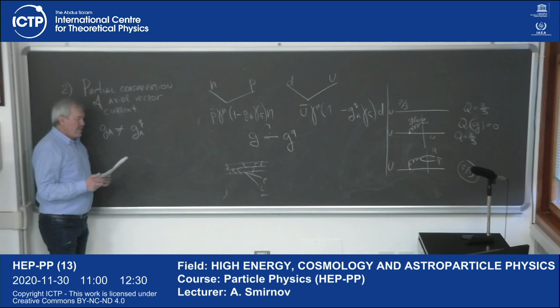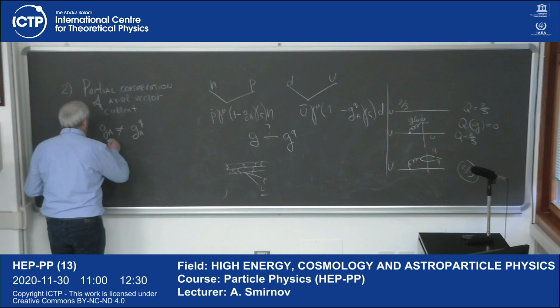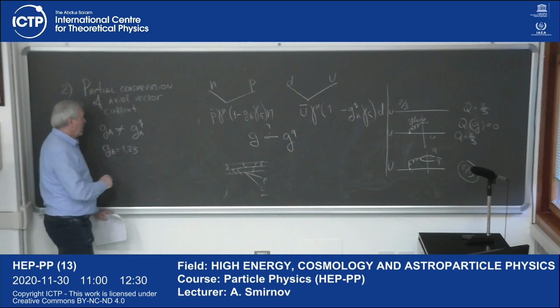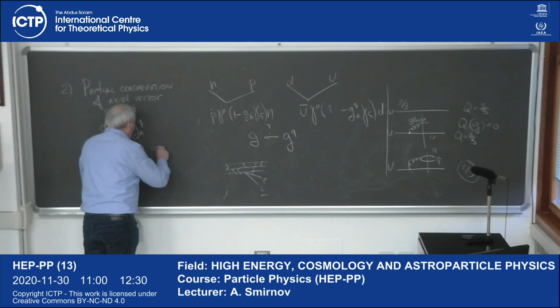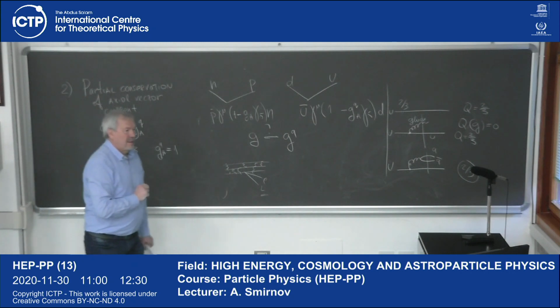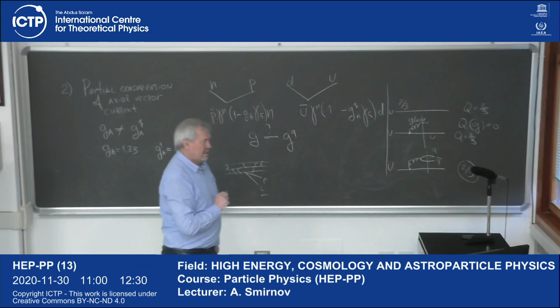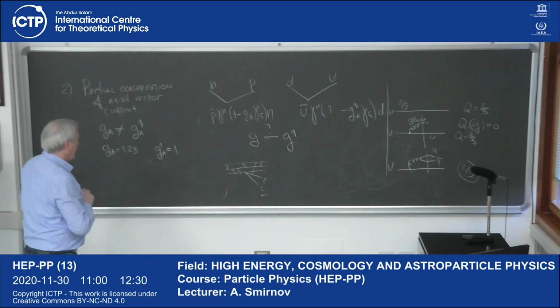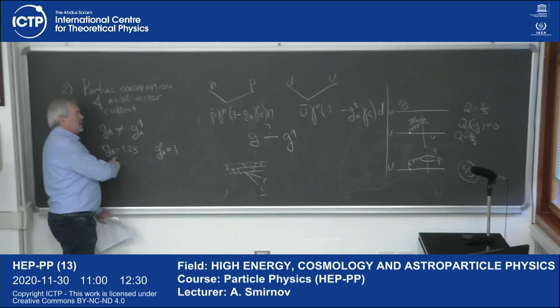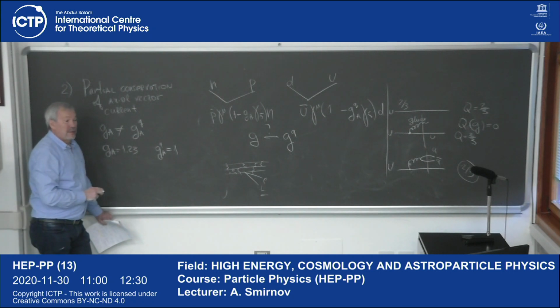However, the change is not so big. It turns out that, remember, we had GA equal 1.23 for neutron. And for quark, amazingly, this GA quark is 1. So this GA coupling constant actually depends on the hadronic system.